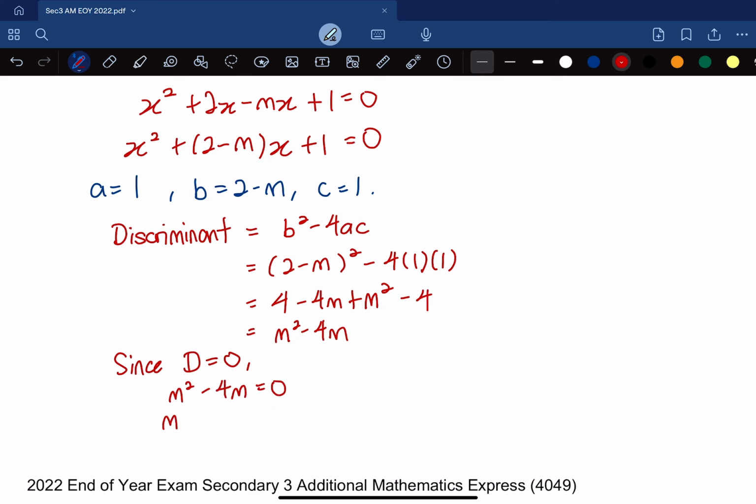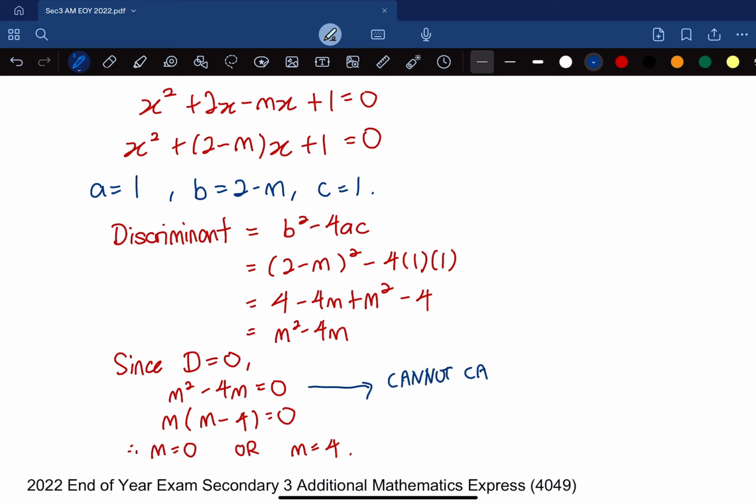To solve this equation, simply do factorization. You cannot cancel out m because m can be equal to 0. By factorization, if you cancel, you are removing one solution. This will become m minus 4 equals to 0. Therefore, by the zero product rule, m equals to 0 or m equals to 4. Just one point to highlight over here: you cannot cancel m.